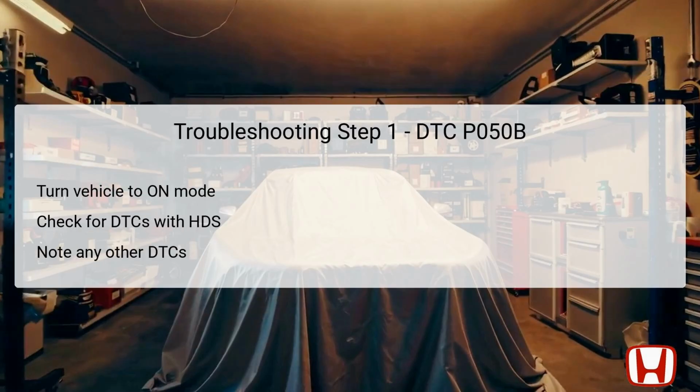The first troubleshooting step involves accessing the vehicle's diagnostic mode. Begin by turning the ignition to the on position without starting the engine. This action allows the onboard diagnostic system to initiate and communicate with the Honda Diagnostic System, HDS. Check for any pending or confirmed diagnostic trouble codes, DTCs, displayed by the system.